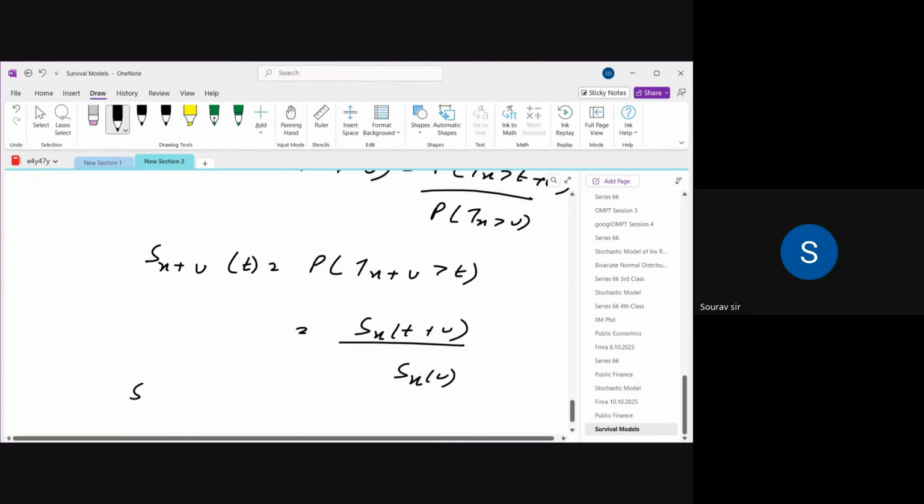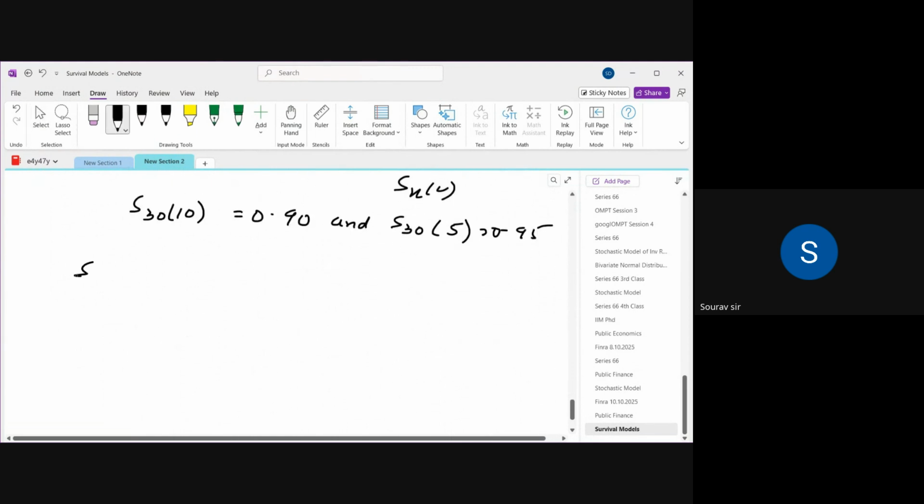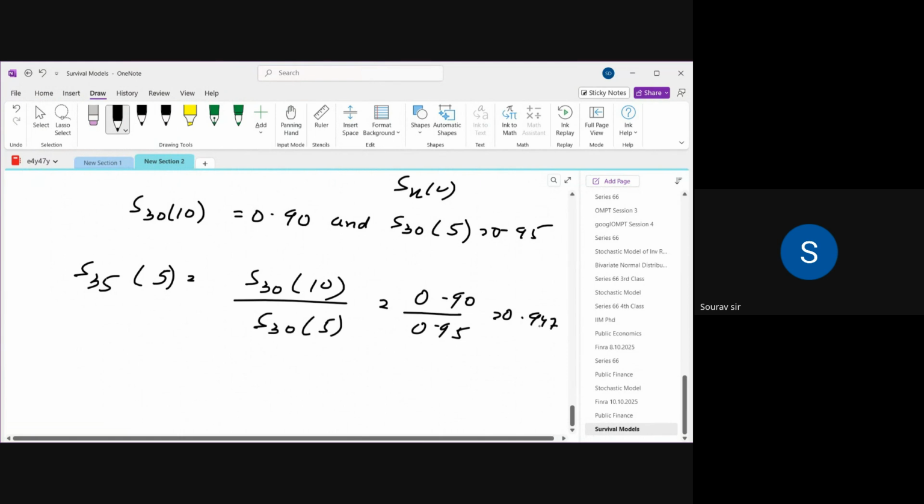What I mean is, if S_40 is equal to 0.90 and S_35 is equal to 0.95, then S_35(5) is equal to S_40 divided by S_35. So that is 0.90 by 0.95, which is 0.947.